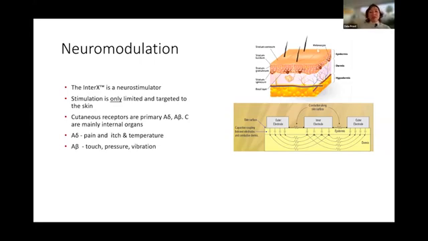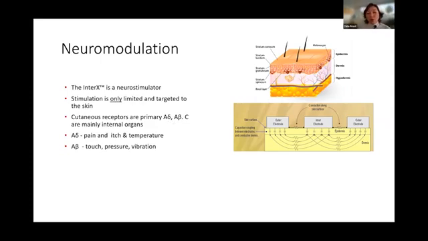Okay, so in this case, the electricity has to do the work to go through the tissue and then will be conducted through the connective tissue underneath. So in the skin, stimulation is limited to and targeted to the skin, and it's primarily going to target A delta, A beta, and C fibers, primarily located around the inner organs.